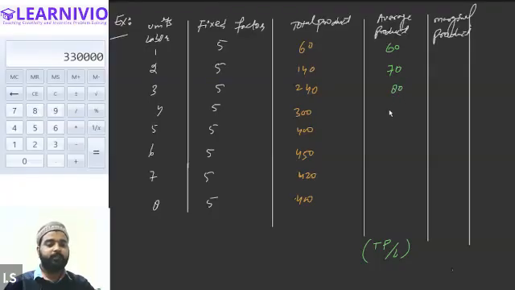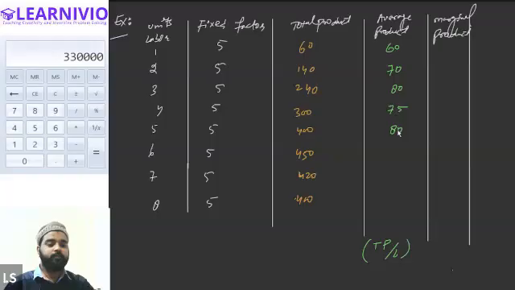Then 300 divided by 4, we will get, tell me, 75, I think. Yes. Then 400 divided by 5, 80 again. Then 450 divided by 6, 75 again.